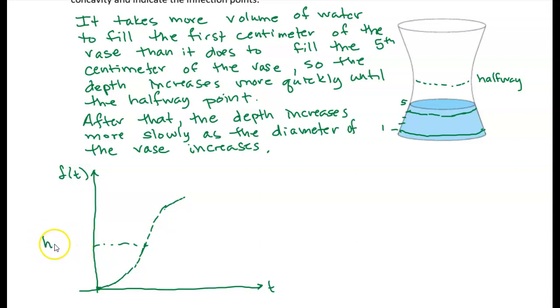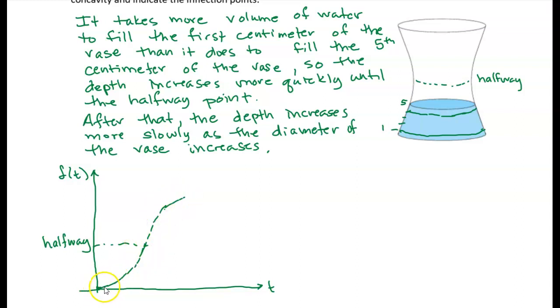From graphing this, you can see that the depth is increasing all the way along the curve, because we're adding water. It's just going to keep increasing until it overflows, but the depth is always increasing.